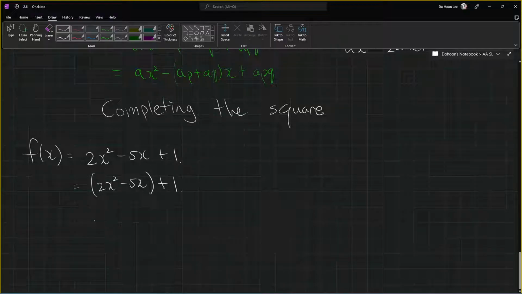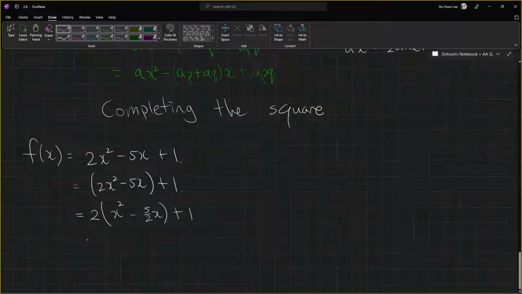Then I want to leave x squared without a coefficient, so I'm going to factor out 2. Notice how negative 5 is not divisible by 2. That's okay. Let's just leave them as fractions. 2x squared divided by 2 is x squared, minus 5x divided by 2, 5 over 2 x.